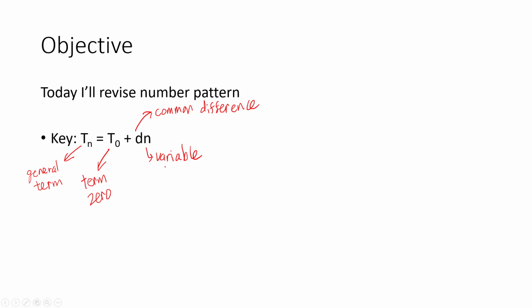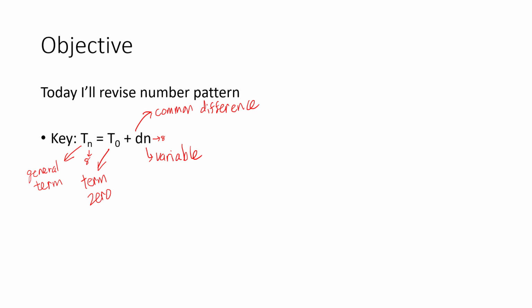So this variable will change depending on which term we are trying to find. For example, let us change this n to 8, then this variable n will also change to 8. So it really depends on what the question is asking.